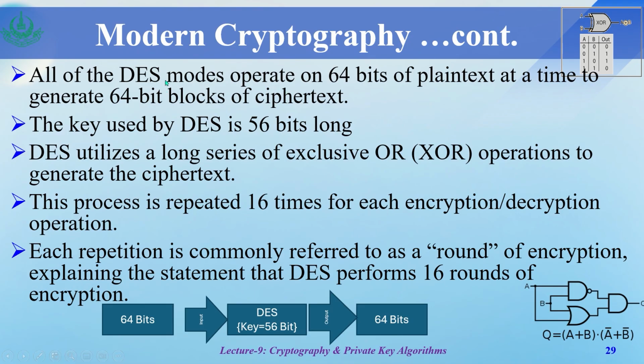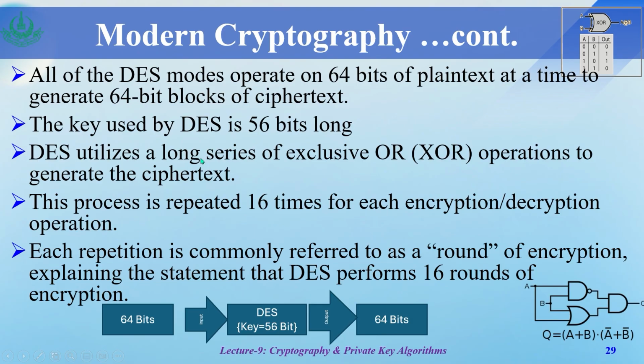All of the DES modes of operation operate on 64 bits of plain text at a time to generate a 64-bit block of cipher output. The key used by DES is a 56-bit long key for the algorithm to encrypt the message.